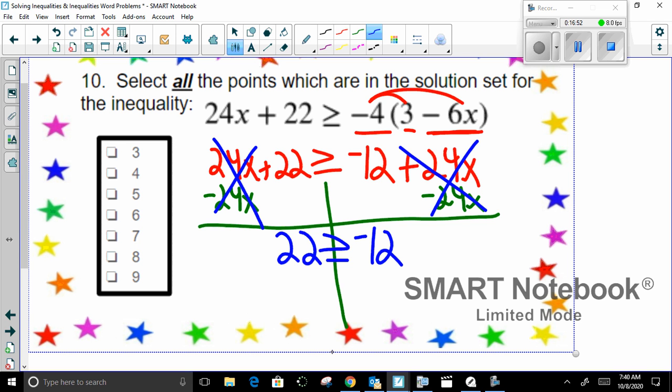So when your variables disappear, you can either have a true statement or a false statement. So let's check here. Ask yourself this: is 22 greater than or equal to negative 12? Yes, it is. So when it's a true statement, your answer is infinitely many solutions.